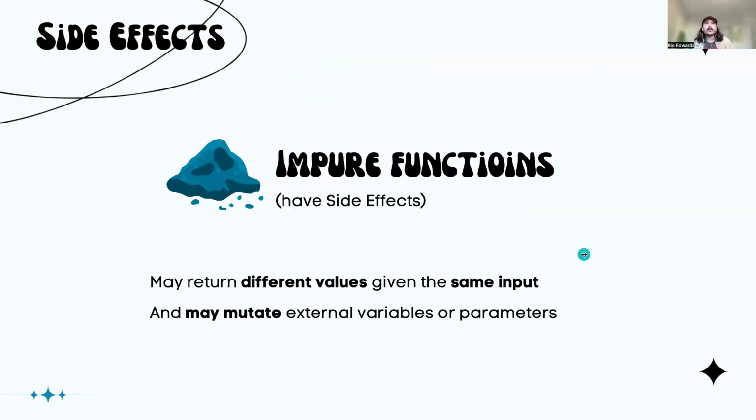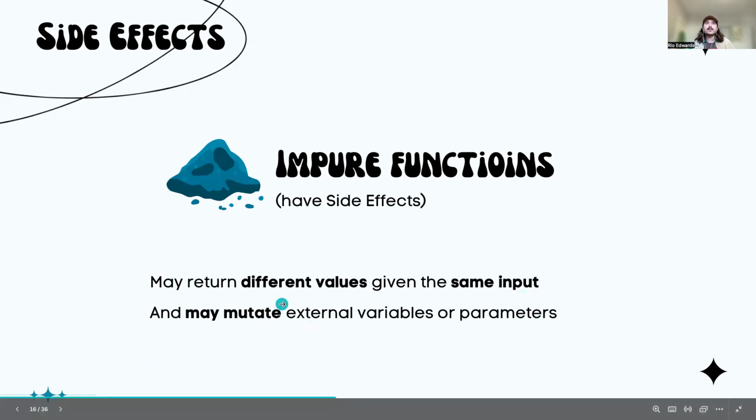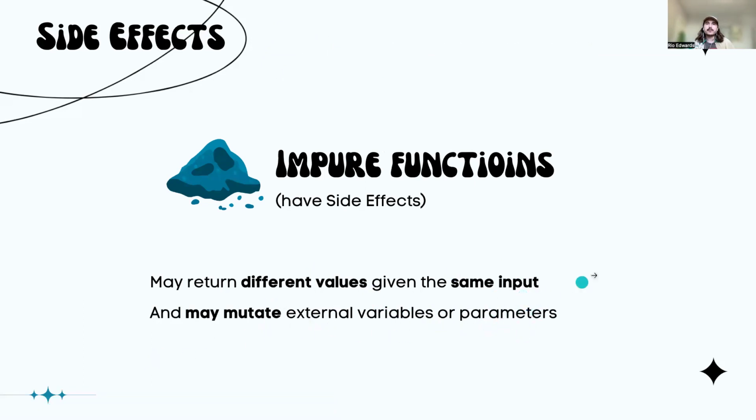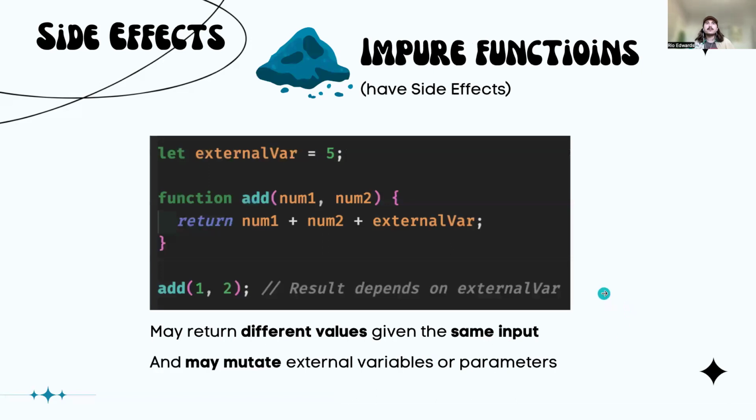And then an impure function has side effects, and so it may return different values given the same input, and it may mutate external variables or parameters. So here we have an example of an impure function. This is the add function again, but now we have this external variable here. The add function is now returning the sum of our 2 parameters, num1 and num2, and the external variable.